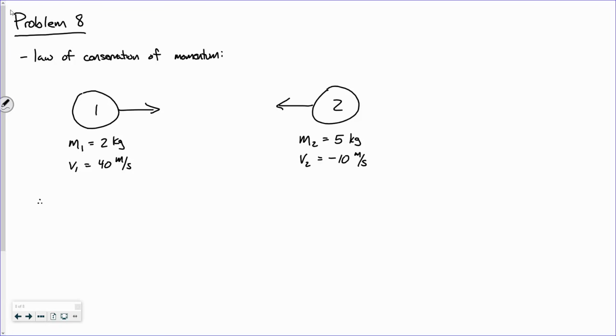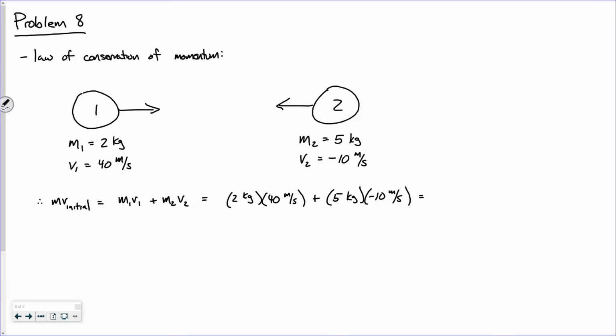So I propose that the initial momentum is m1 v1 plus m2 v2, which is 2 times 40 plus 5 times minus 10.